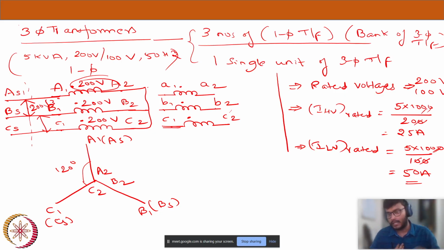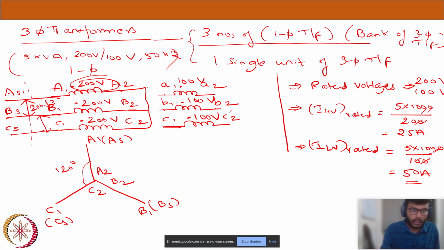So the instant I give 200 volts to my primary, I can say for sure that 100 volts will be induced in the secondary. So 100 volts, 100 volts, 100 volts. Because I have made sure by giving 200 root 3 as my line voltage, I get 200 volts in each individual phase, and once it is rated at 200 volts, in the secondary I get 100 volts as rated.